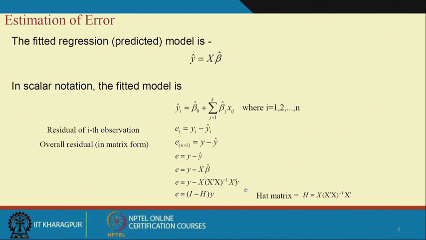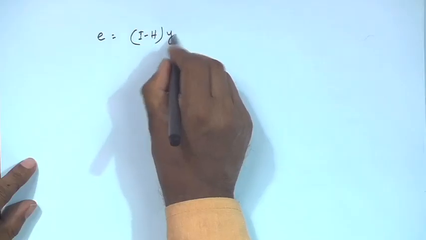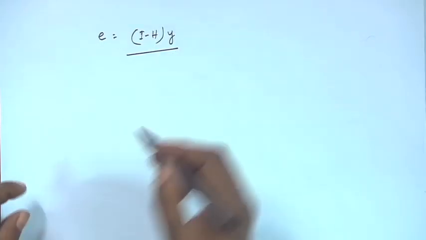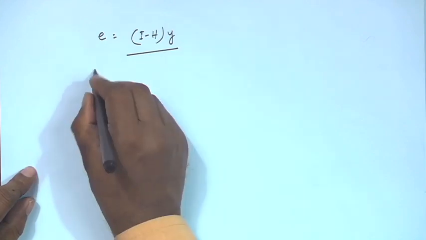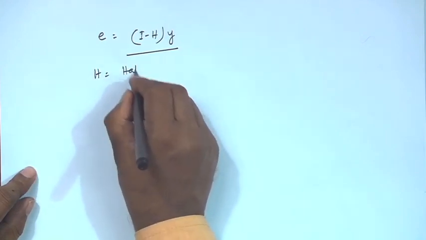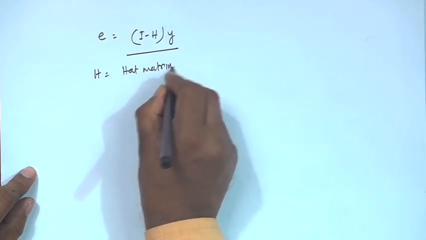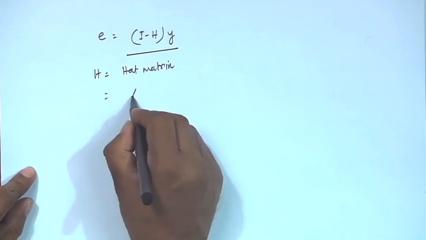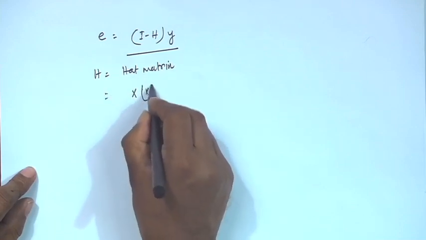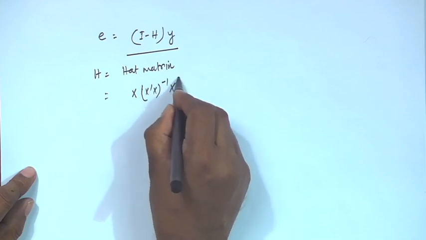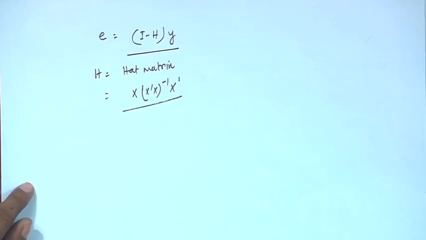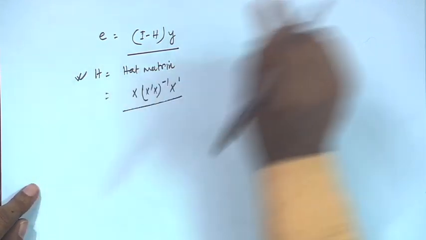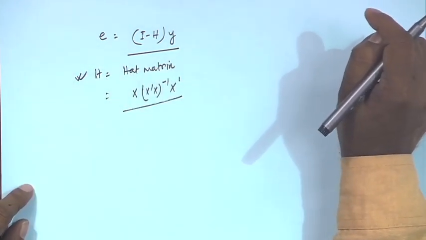So the residual can be written as I minus H into y, where I is the identity matrix and H is known as the hat matrix, which is X (X transpose X) inverse X transpose. It's a very interesting matrix, because it has a lot of implications.